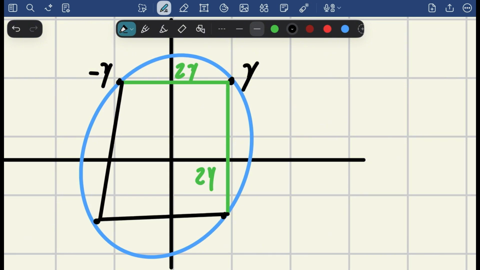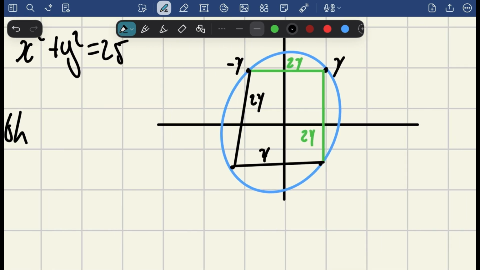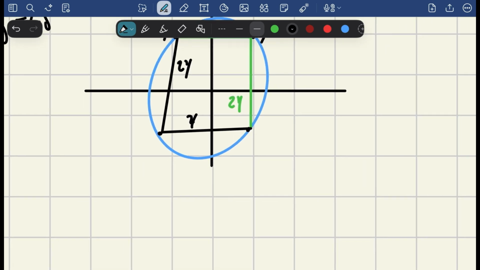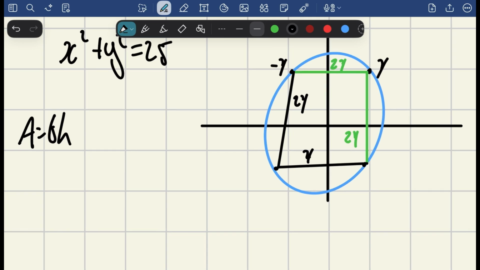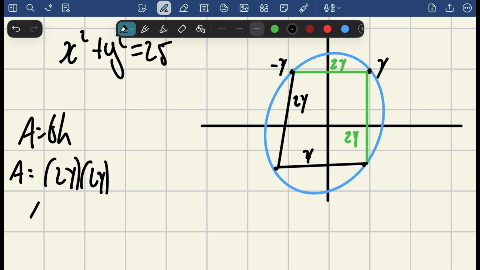It's not parallel nor straight, but it's fine. 2 gamma. And now the area of the rectangle is base times height. So area is equal to 2 gamma times 2 gamma, because that's base times height. Area is equal to 4 gamma squared.